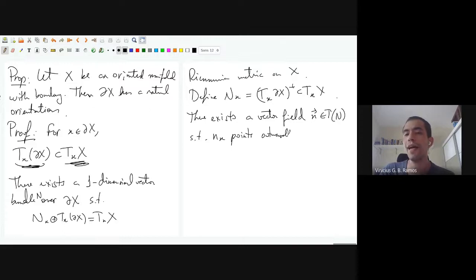The only thing you really need is a non-zero section, something that's never zero, a non-vanishing section. But let me actually say, there exists a vector field which doesn't vanish.